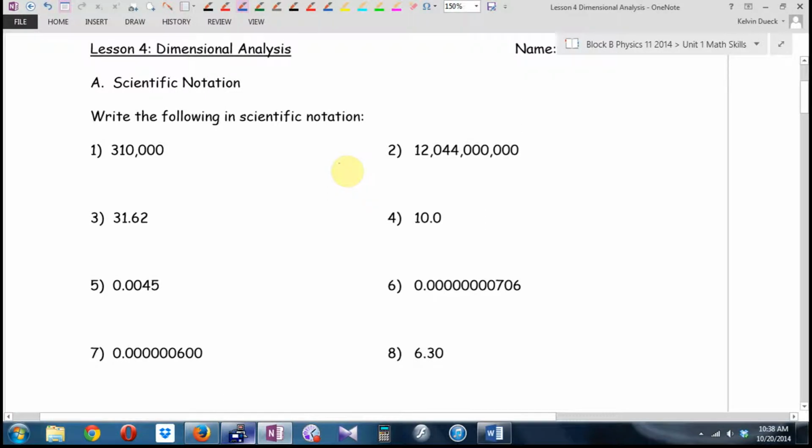How would I write 310,000 in scientific notation? What's the syntax for scientific notation? First of all, there's going to be a decimal point, right? How many numbers go to the left of the decimal point in scientific notation if you're doing it properly? Only one. So it's going to be 3.1.